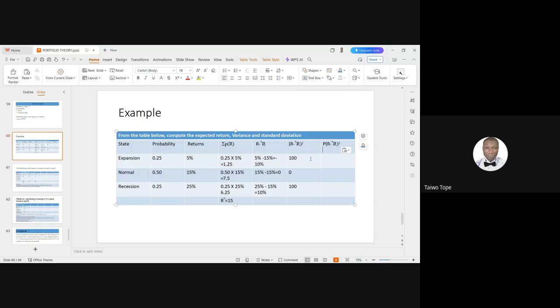Your probability is 0.25. 0.50 multiplied by 0 gives you 0. 0.25 multiplied by 100 gives you 25. Your variance will be 50 when you add them up. So this 50 is your variance.